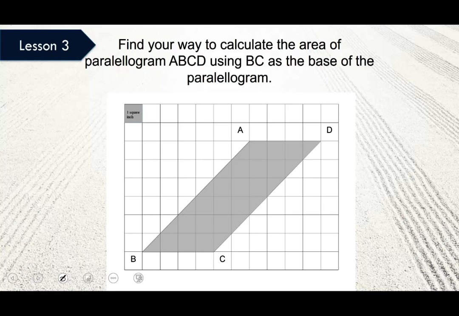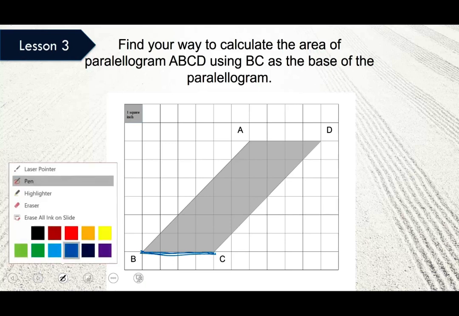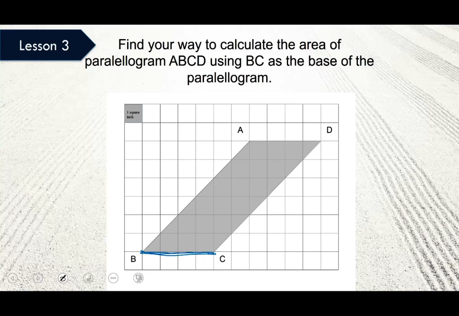Maybe we're going to challenge them. Find a way to calculate the area of parallelogram ABCD using BC as a base. If you have a base, where is the height? If you look, this is the base, and the height is like this.